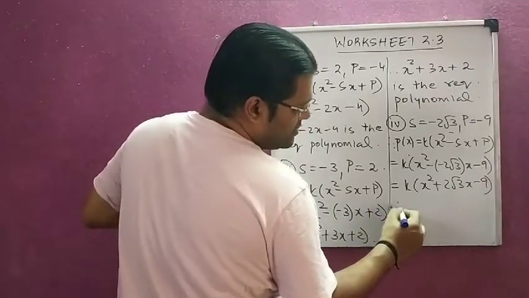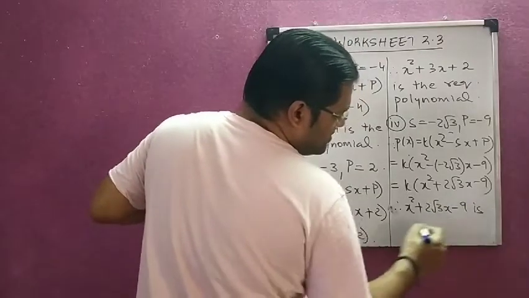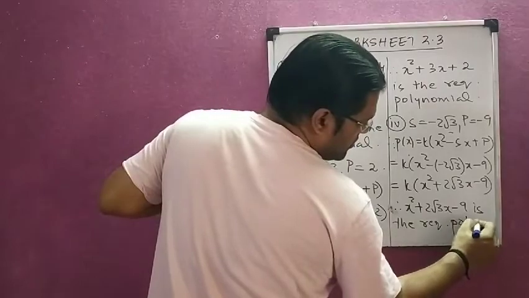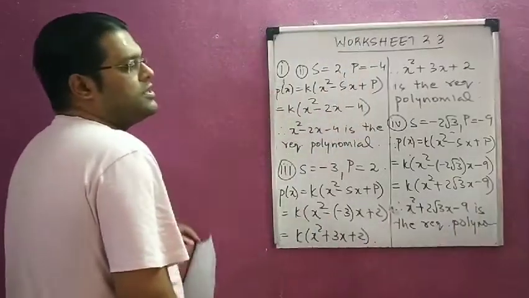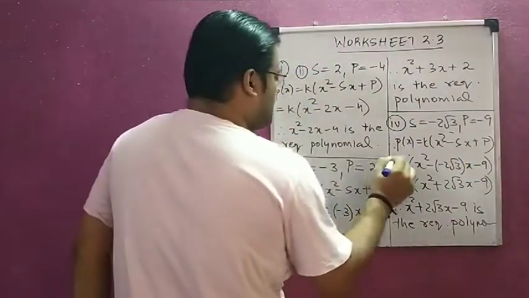Therefore, x square plus 2 root 3x minus 9 is the required polynomial. Right? So that was question number 4, 3 and 2.